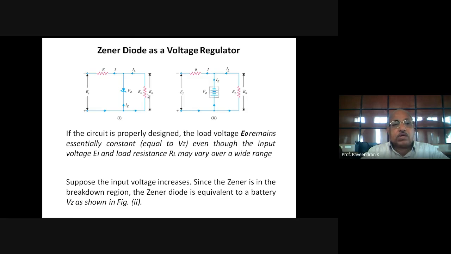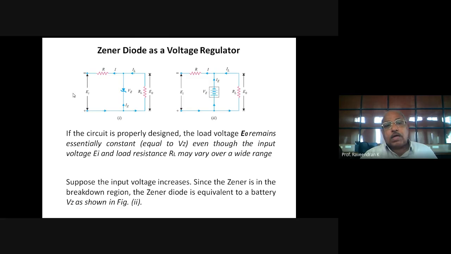So Vz is equal to E0. That can be made constant because once the Zener diode is operated in the Zener region, this voltage will always be maintained. So we can just consider two cases: whether the input voltage is increased or the load current is increased. These two cases usually occur in any voltage regulation circuit.